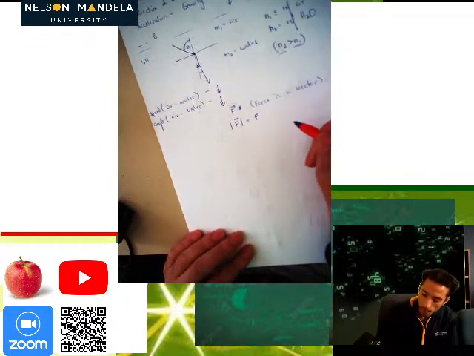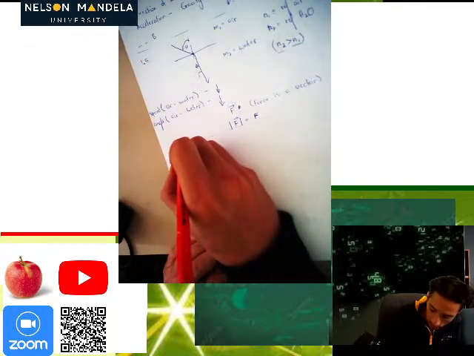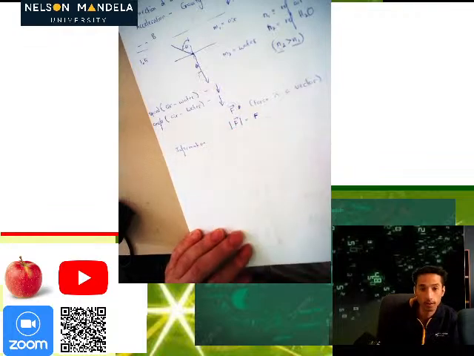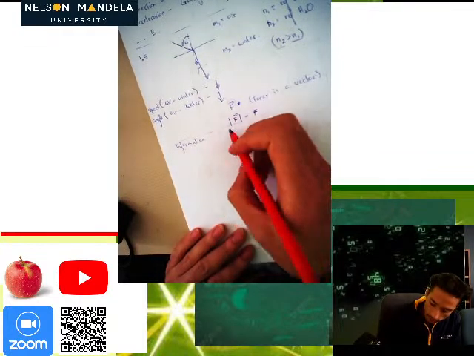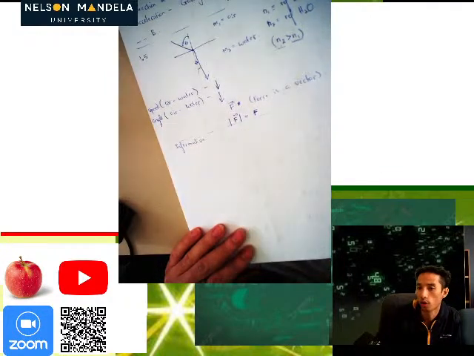From the information given, we have two charged objects which repel each other.